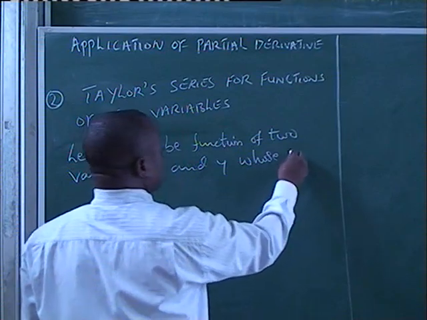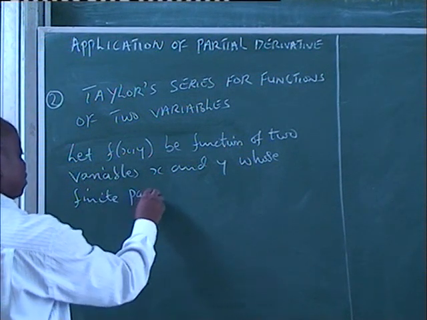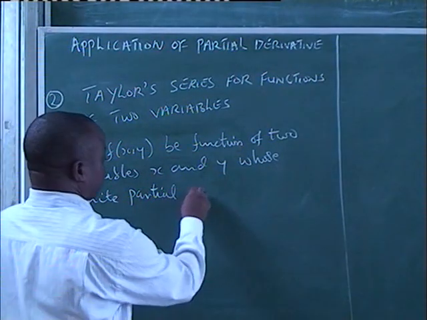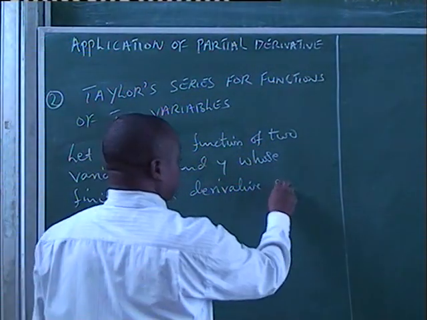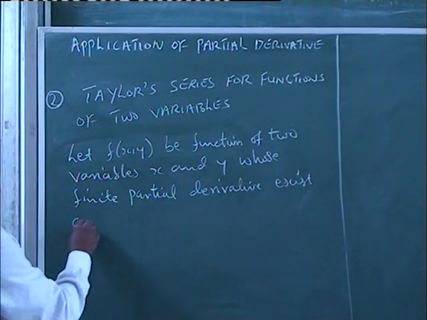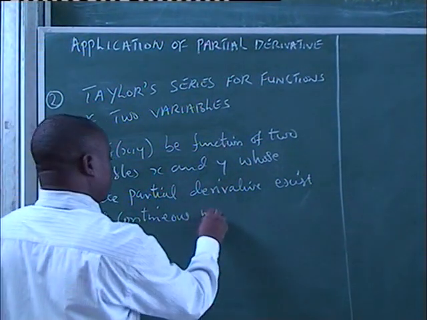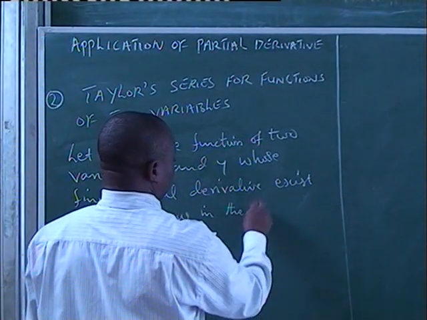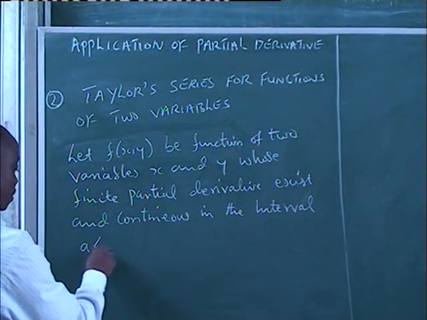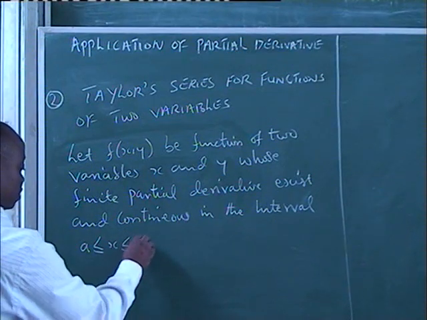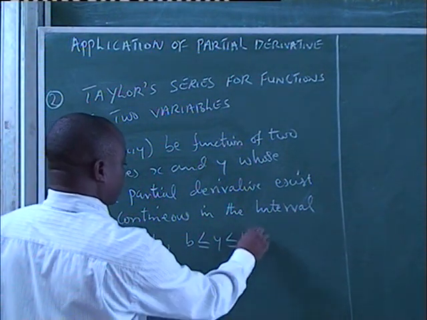whose finite partial derivative exists and is continuous in the interval a less than or equal to x less than a plus h, and b less than or equal to y less than b plus k.